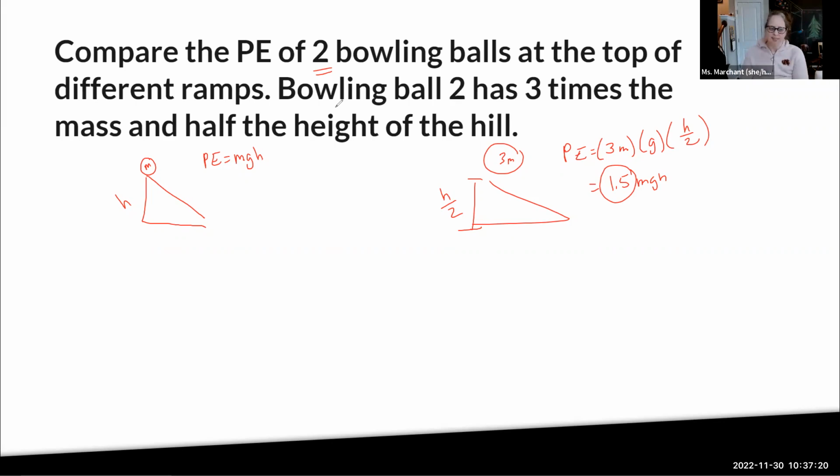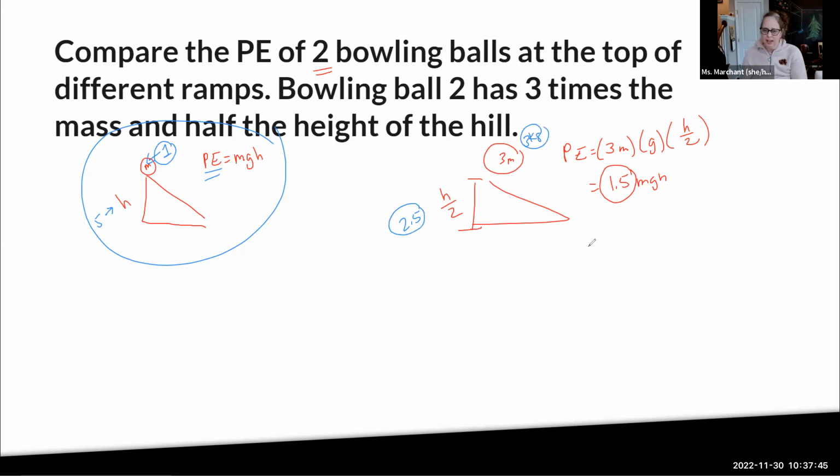If these algebra ones give you trouble, in the initial settings, what you do over here, make up numbers. Give it a mass of 1, give it a height of 5, and calculate your potential energy. And then over here, instead of h over 2, put in 2.5 into the equation. Instead of 1 kilogram, we know it's 3 times, so put 3 kilograms.